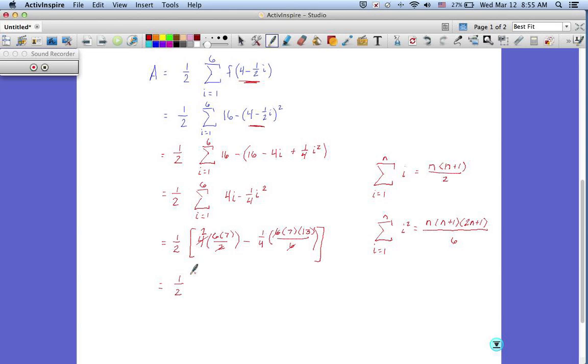So I have 1/2. Well, that's 42 times 2 is 84. This is 7 times 13, that's 91, divided by 4. So I have 42 minus 91 over 8. 91 over 8 is 11 and 3/8.